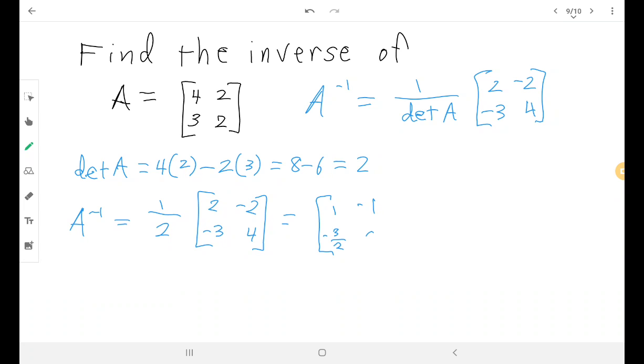And 1/2 times 4 is 2. And that is A inverse. I'll pause for a moment to let you look at that, see if there are any questions. All right, there being no questions.